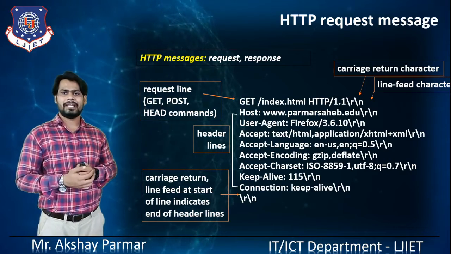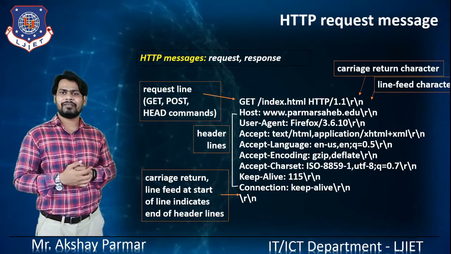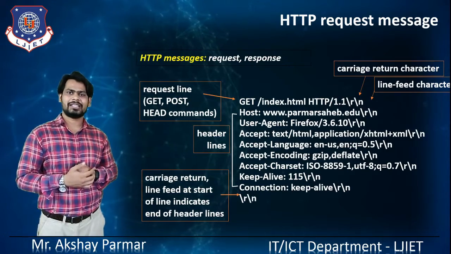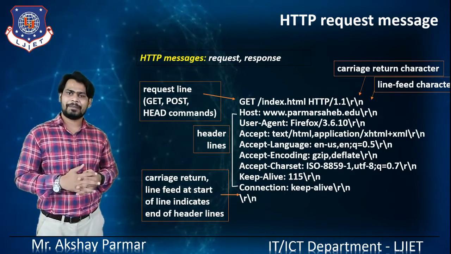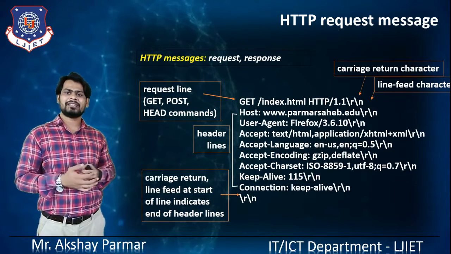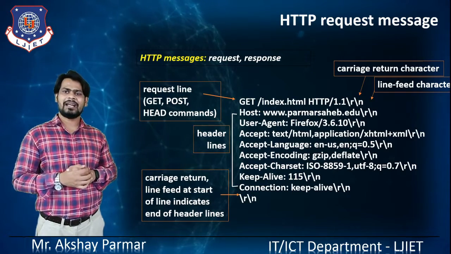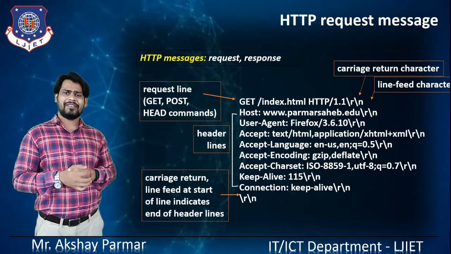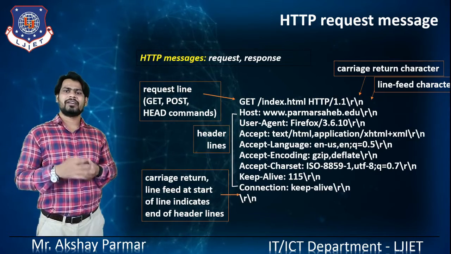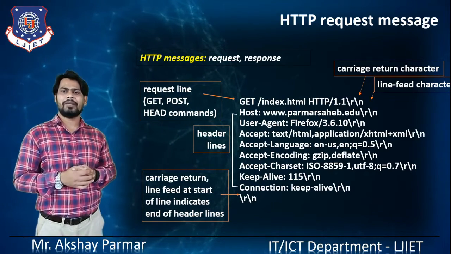They are accepting text or HTML files, which kind of languages they are seeking, which kind of encoding and decoding, and which character sets they are working with. All of that is information lying under the header lines, right? After establishing the connection, whether the connection is alive or not is also there.